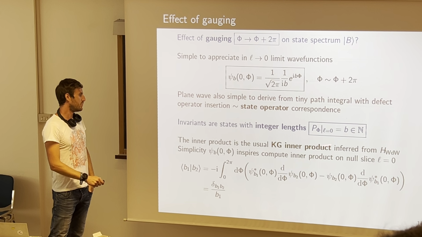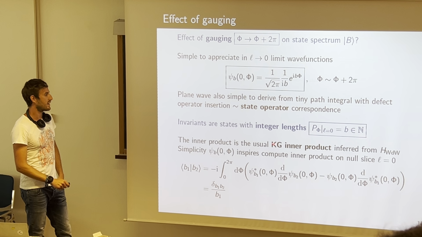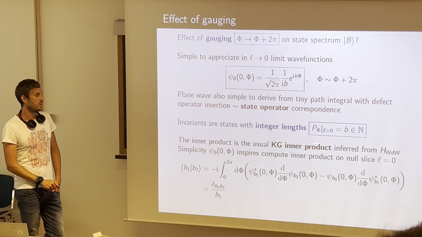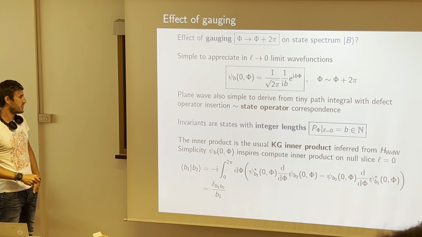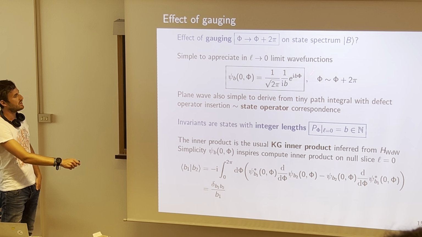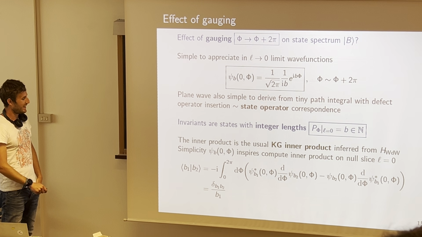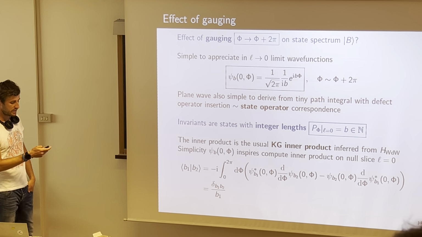So I need to compute the inner product between these physical states. It turns out there's a natural Klein-Gordon inner product, which is inferred from the Wheeler-DeWitt equation, and it takes this form. It's useful to compute it in this limit because it's very simple. And indeed, you get this orthogonality relation between the states, which will be useful later, as we will see.